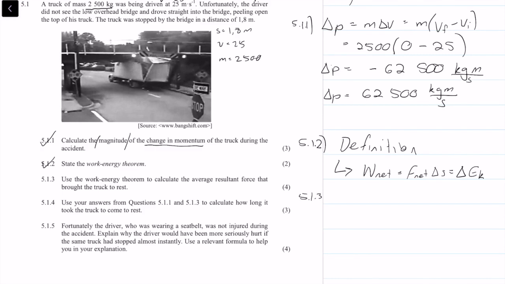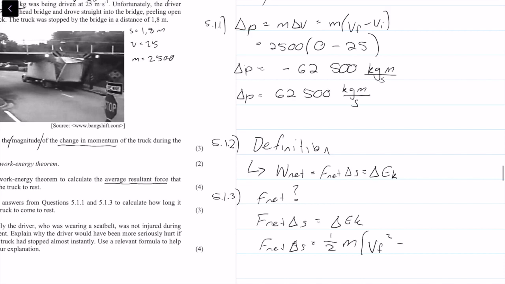Question 5.1.3. Now it says use the work energy theorem to calculate the average resultant force that brought the truck to a rest. So we're looking for F net in this question. Let's use the work energy theorem. So F net change in S is equal to change in EK, which is a half times the mass times the velocity final squared minus the velocity initial squared.